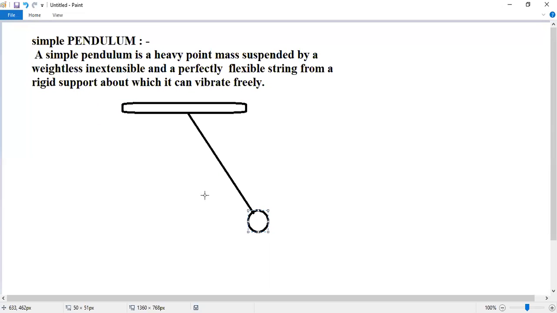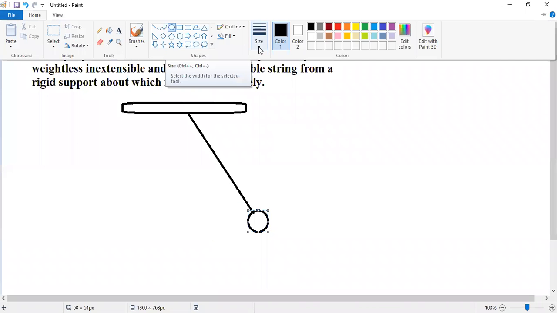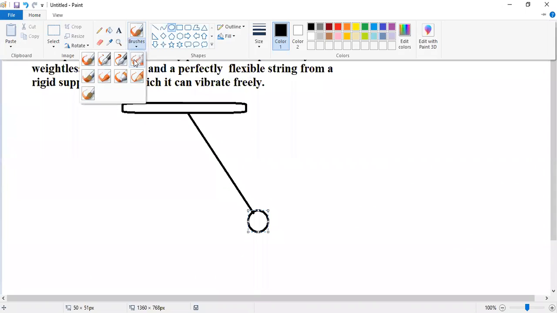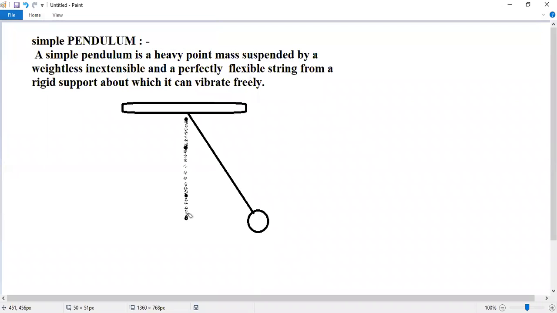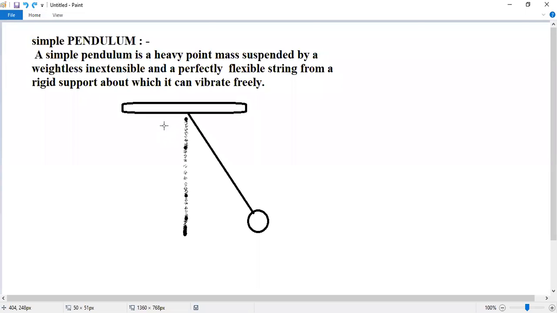This is a point mass. This is the total length L.